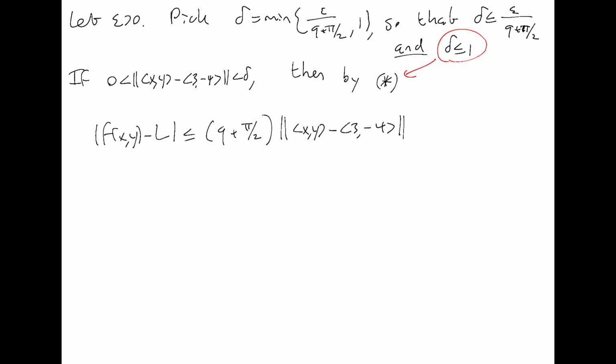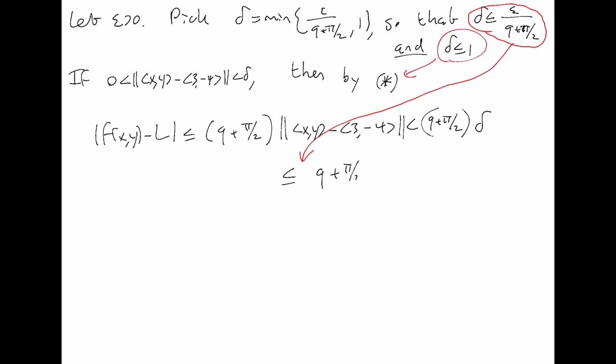Okay, well, that is less than delta. So this is going to be less than 9 plus pi over 2 times delta. Now, of course, we want to use the fact that delta is less or equal than epsilon over 9 plus pi over 2. And then we get that this is less or equal than epsilon over 9 plus pi over 2 times 9 plus pi over 2. And that's precisely equal to epsilon.